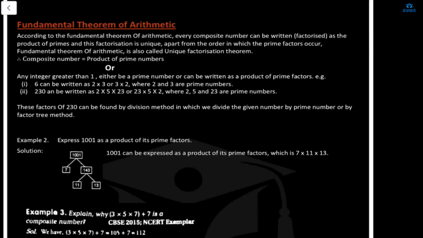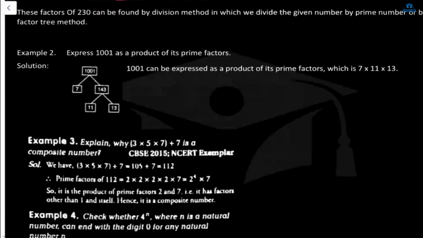You can check it. For example, 6 will be 2 into 3. 8 will be 2 into 2 into 2. 230 will be 2 into 5 into 23. Similarly, you can try with all the different numbers. You'll have a unique combination of prime factors.